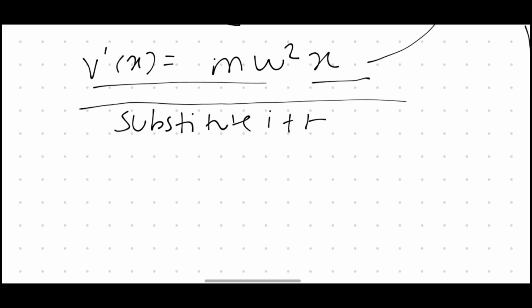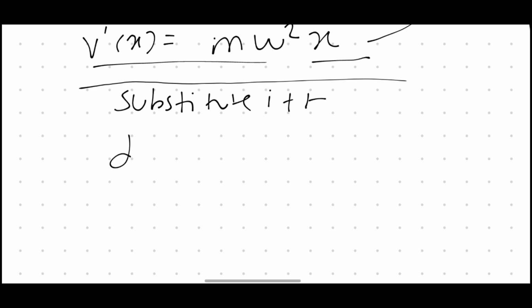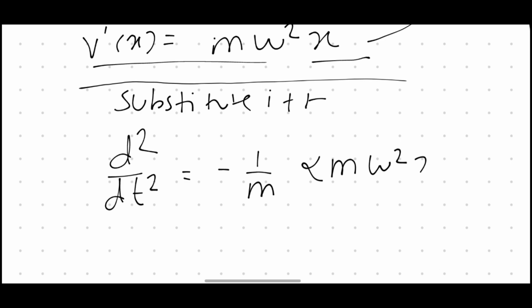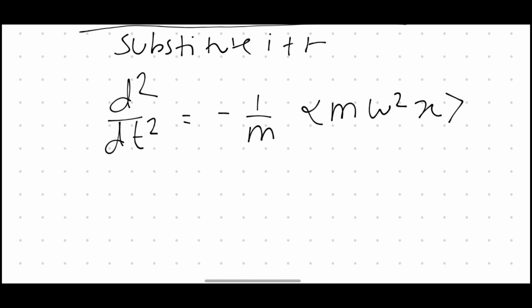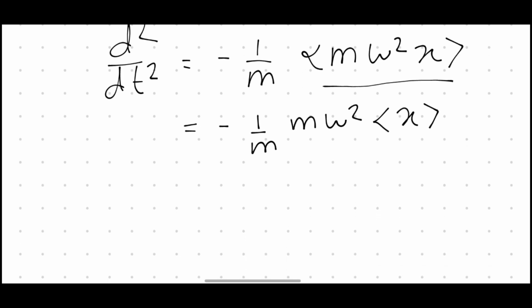And it will be d square by dt square is equal to minus 1 upon m omega square x. And since only x is going to stay in this expectation value bracket, so minus 1 upon m times m omega square x, this m gets cancelled.